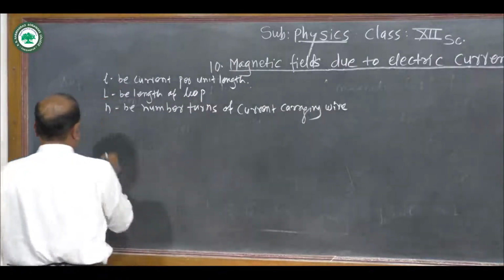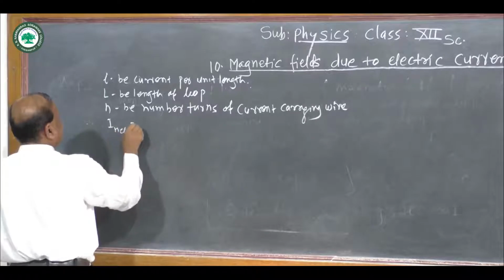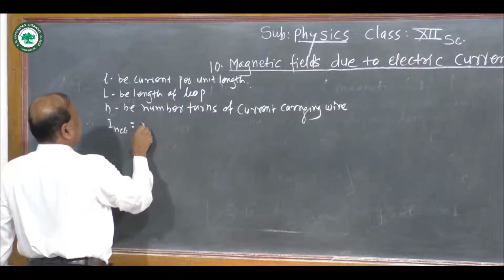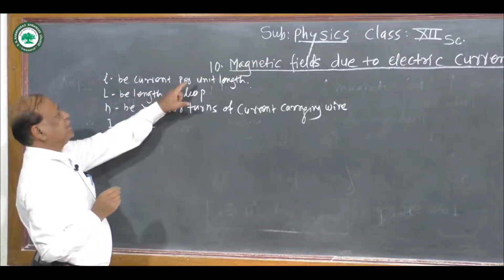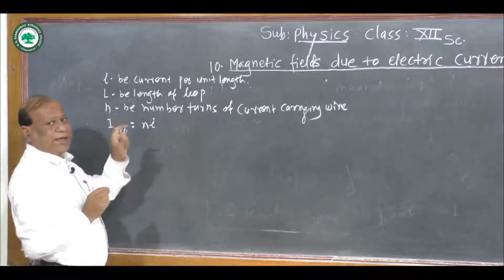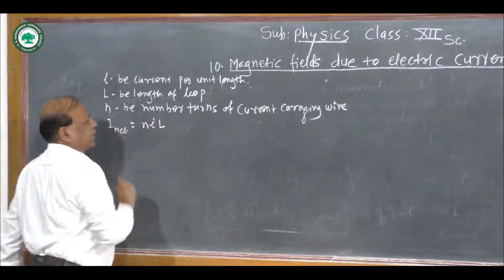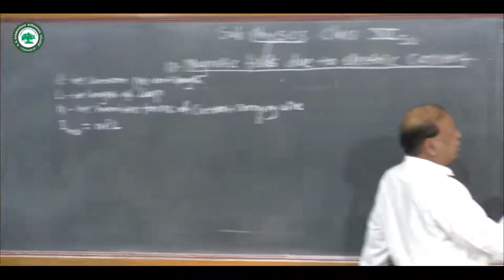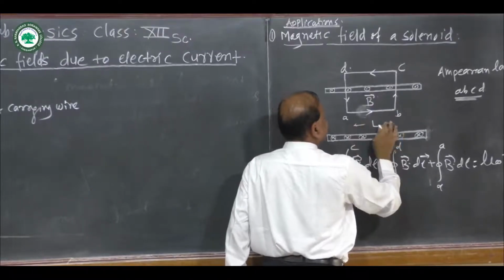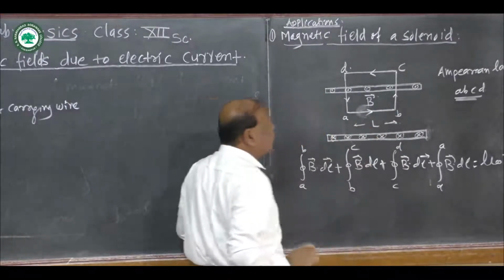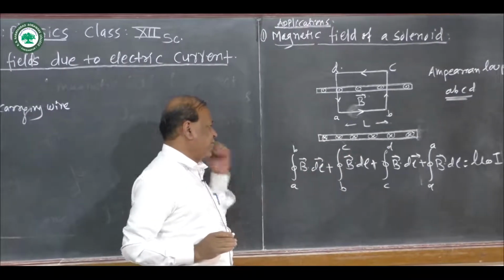Therefore the net current, I net, becomes N i. If there are n number of turns, the net current will be N i for this length L, the length of this rectangle. Now we have to find the value of this equation.